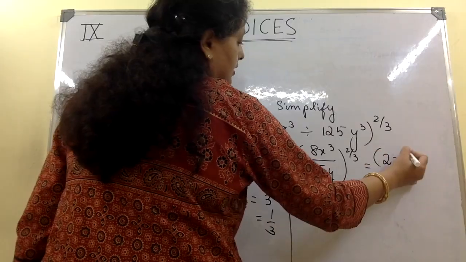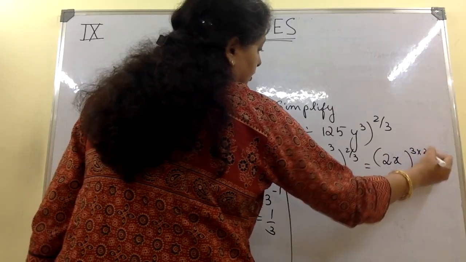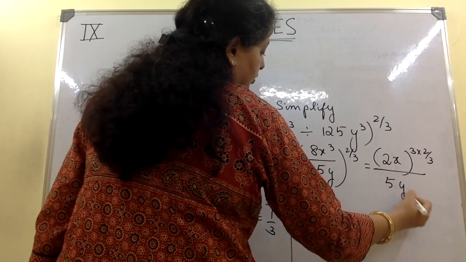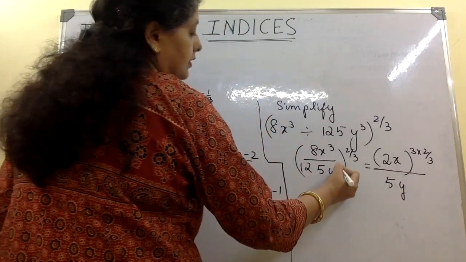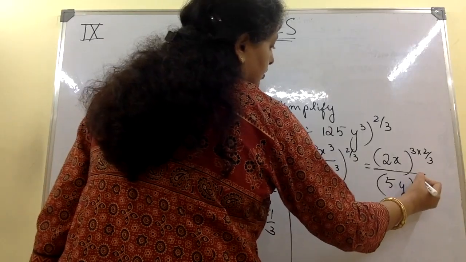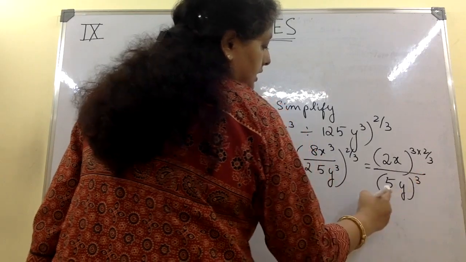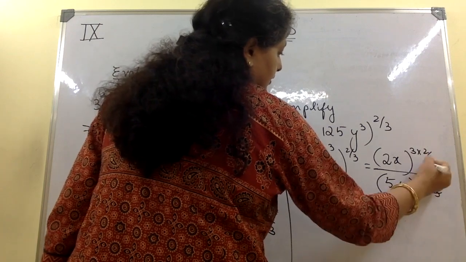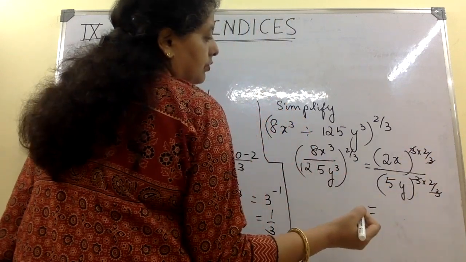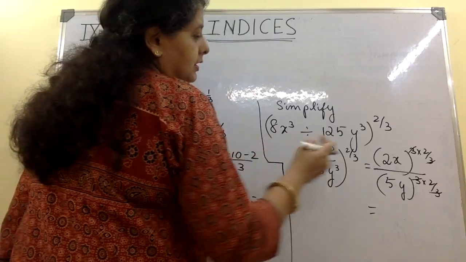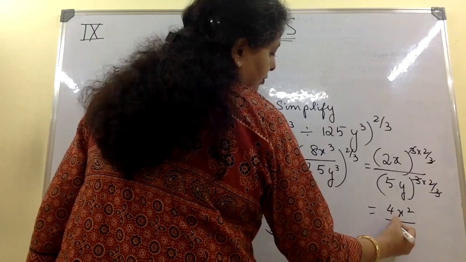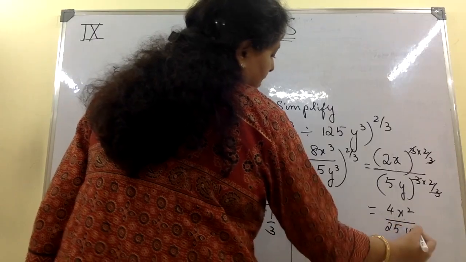What I do here is put the cube here into 2 by 3, because both are cubes, and 5 cube and y cube, sorry. This 2x whole cube and this 5y whole cube, I take outside the bracket into 2 by 3 again, so 3 and 3 cancel, which is equal to 2 square x square, that is 4x square by 25y square.